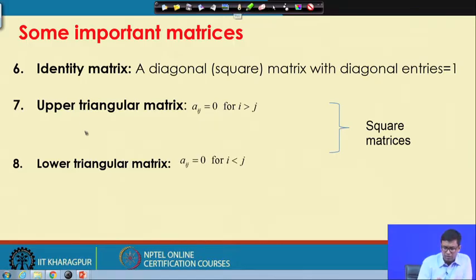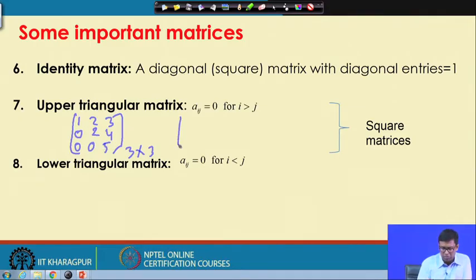So, for example, if we have a 3 by 3 matrix, 1 2 3 is the first row. Second row, the column number is 1, so this is 0, maybe 2 4, and this is 0 0 5. This is what is called an upper triangular matrix.